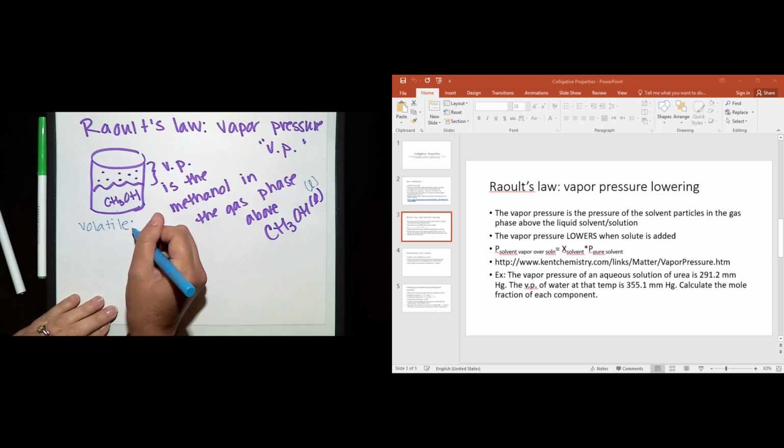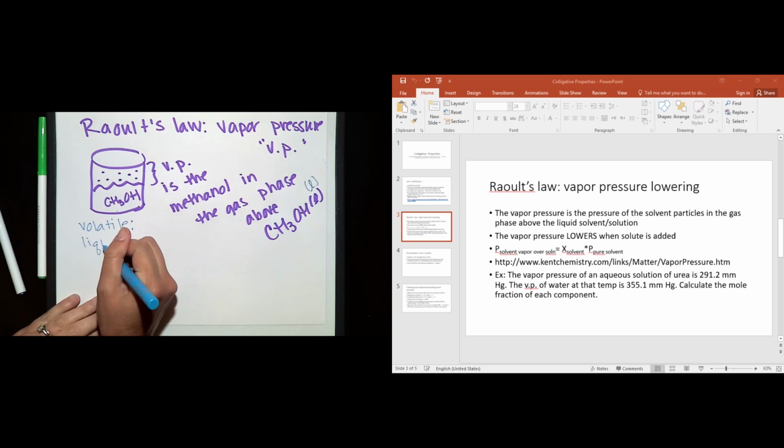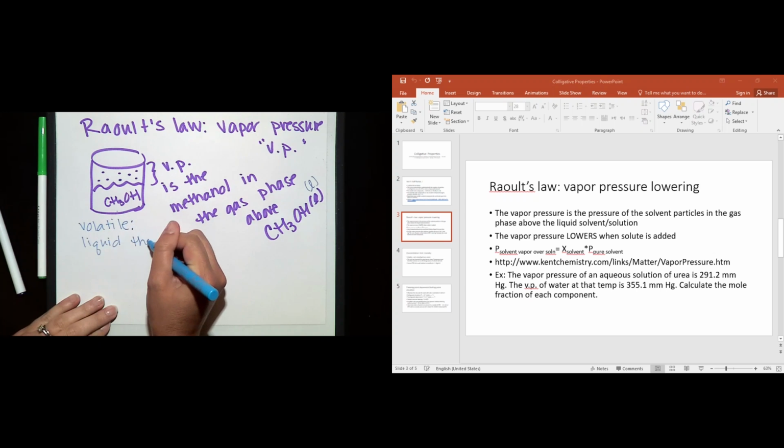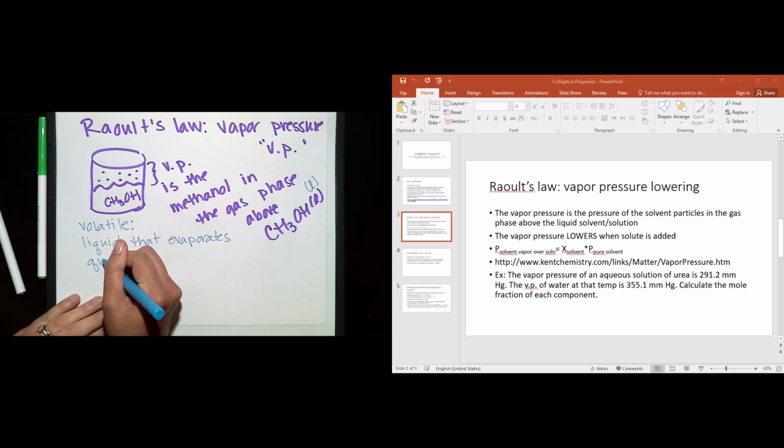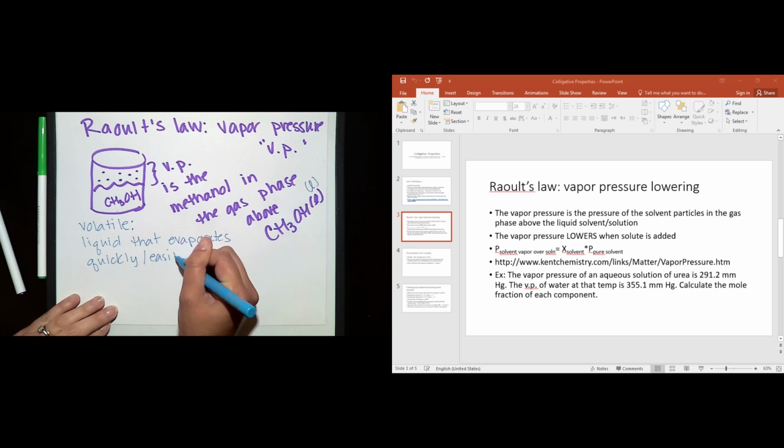So this is a liquid or a liquid solvent that evaporates easily. Quickly, easily, I'm going to be a little imprecise with my terms just so that you understand. Although quickly doesn't always mean easily. We're talking about kinetics versus thermodynamics, but that's like 5 chapters away. So we'll just learn this general definition.